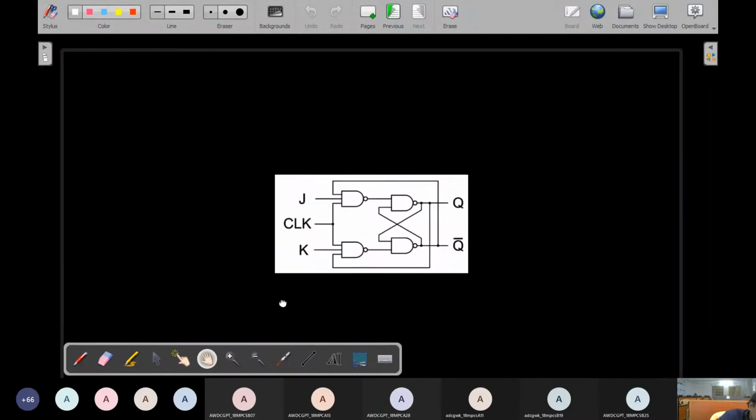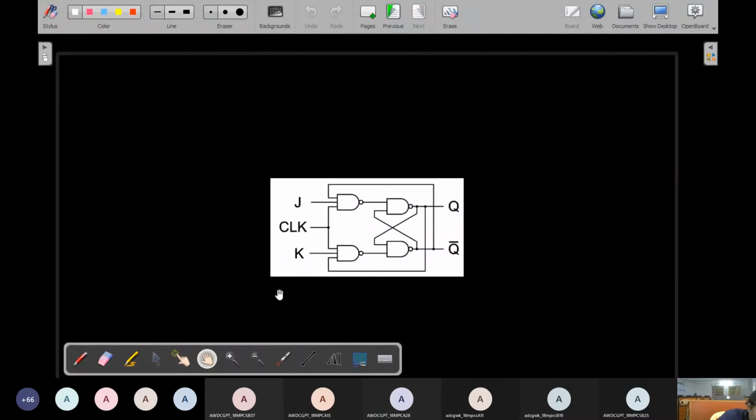Actually, here the JK flip flop is a latching condition only, because one input of the first NAND gate is connected to the output of the second, and the input of the second NAND gate is connected to the output of the first. But here, in the SR condition, we are not giving feedback to the output voltage. So here we give an additional connection.